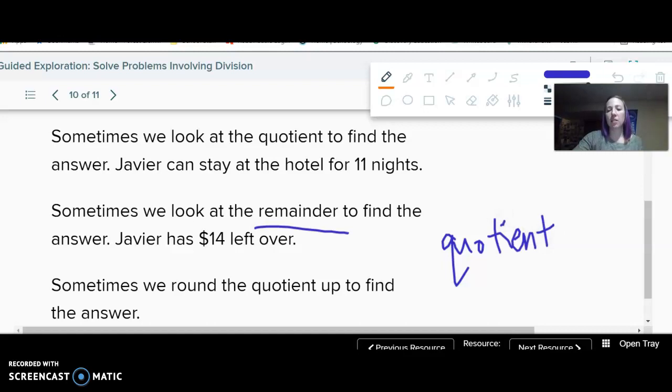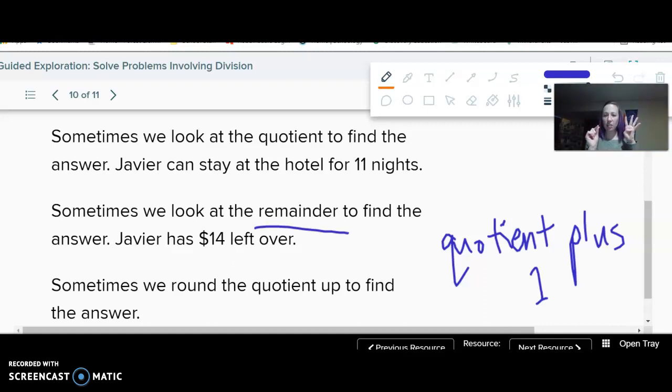plus 1. You might say, why in the world would we do the quotient plus 1? Well, say I was taking some books and splitting them up into boxes. Say I had 21 books and I was putting them into groups of 5, so I could fit 5 books in a box. How many boxes will I need for all of them? Well, 5, 10, 15, 20. So I need 4 boxes that'll be all full of books.